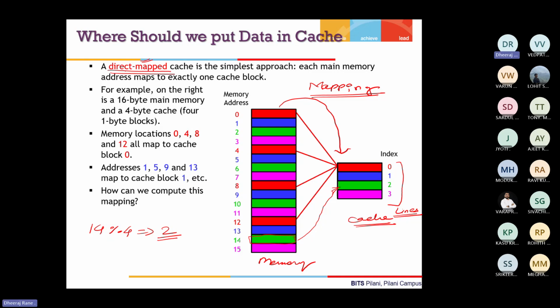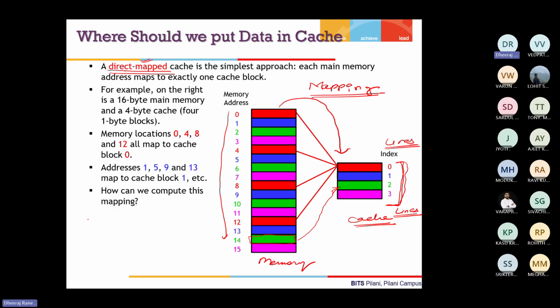Can you please explain this again? Yeah, Ravi. If you see the memory numbers, pick any other number. Ultimately, whatever the number of lines within the cache, correspondingly we have to place the memory address.